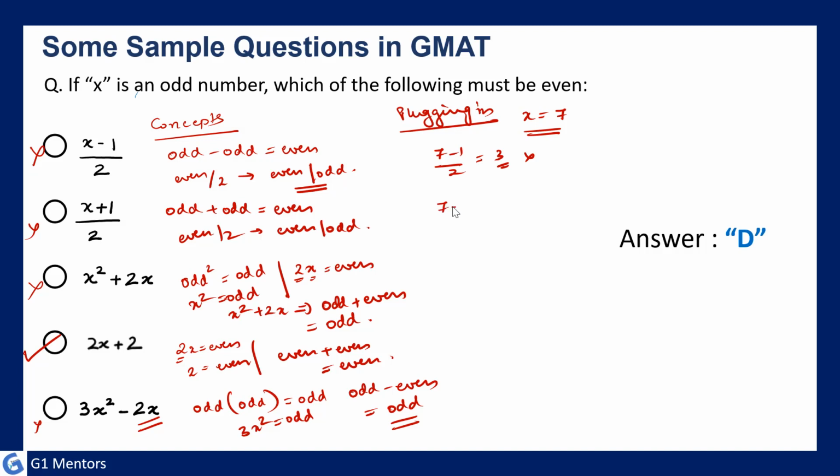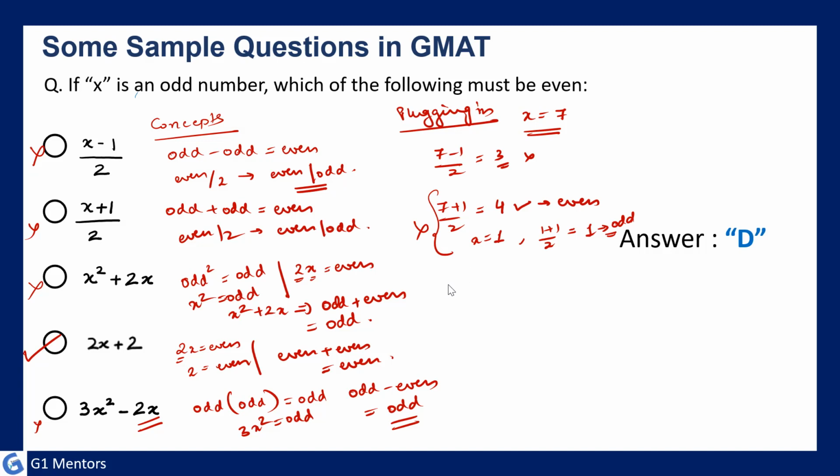Answer choice 2, 7 plus 1 by 2 is equal to 4. Yes, it is an even number. However, if we choose x equal to 1, then 1 plus 1 by 2 is equal to 2 by 2, which is equal to 1, which is an odd number. So statement 2 does not give a concrete answer that it's an even number. So statement 2 is also not correct.